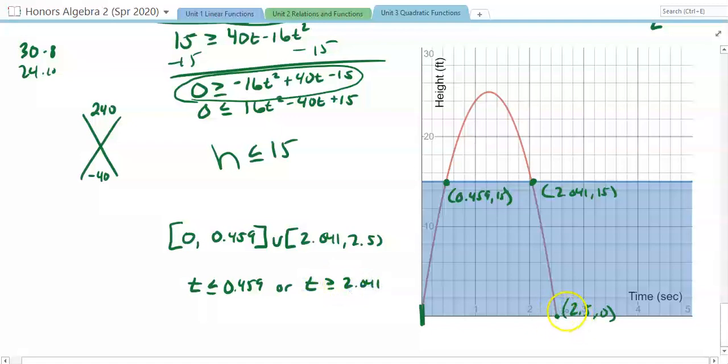But again, we've also got to understand that our domain is only from 0 to 2.5 on this, right? So this affects this. Because t can't be less than 0 because it's not in our domain. t can't be greater than 2.5 because again, it's not in our domain. So that's what we're looking at here.